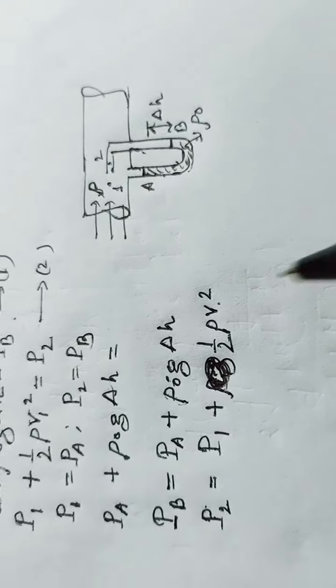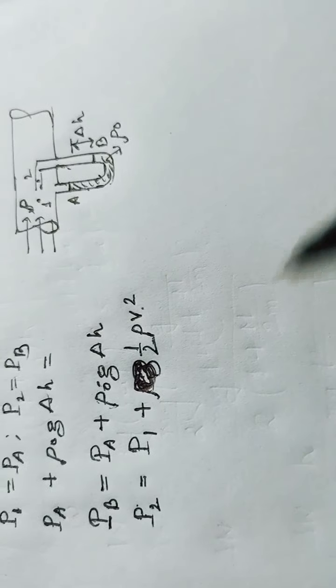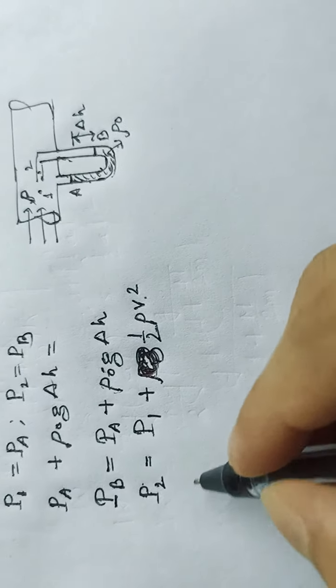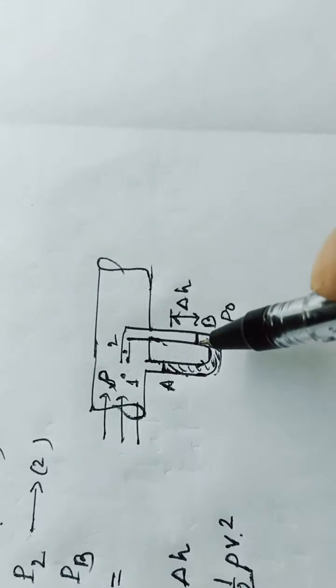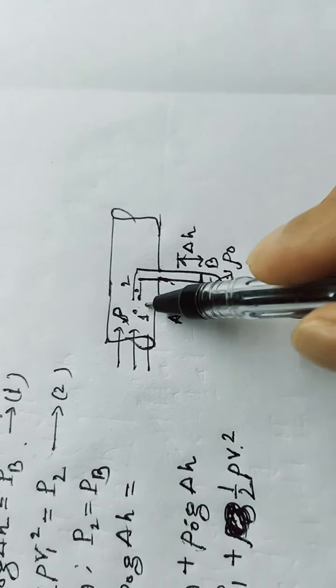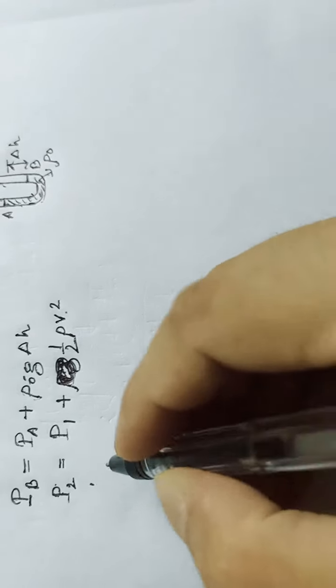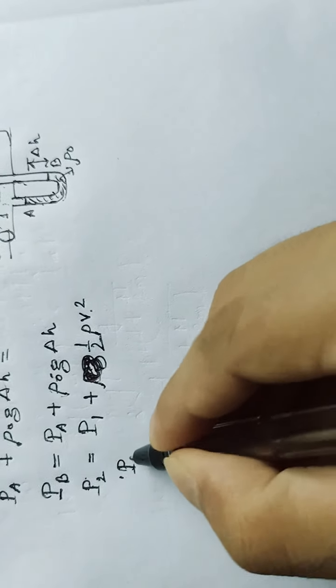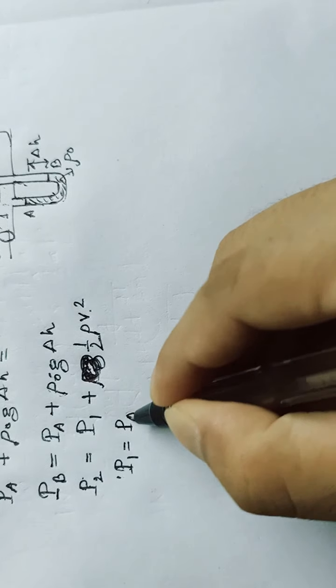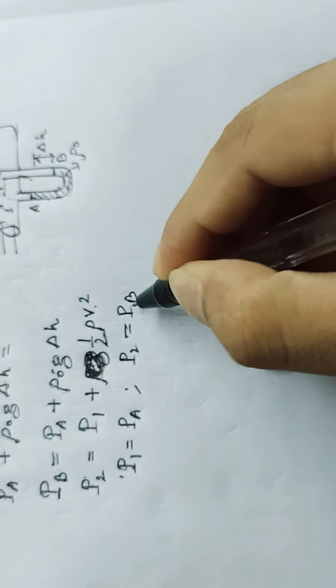From these two equations, as we know from this figure, P1 is equal to PA and P2 is equal to PB.